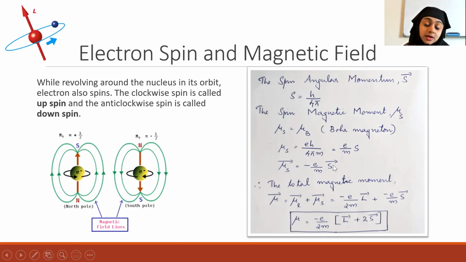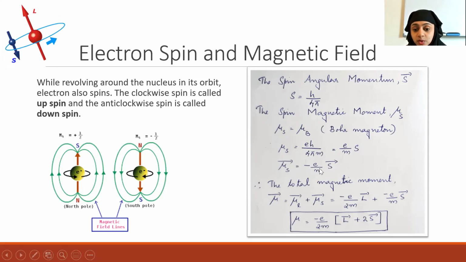As we said earlier, it's due to the negative sign of the charge of an electron. Is that clear? This just represents the magnitude, while this represents the vector form of the equation. And this again shows that the spin magnetic moment is opposite in direction to the spin angular momentum. Is this part clear to you?